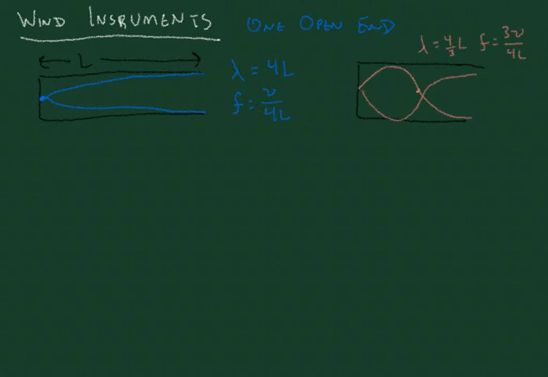And of course, we don't need to go any further. As you can imagine, this behaves just like an open-ended string. So we say that the frequency for a pipe or a tube with one open end is going to be n times the speed of sound over 4L, for n equal to 1, 3, 5, and all the other odd integers.